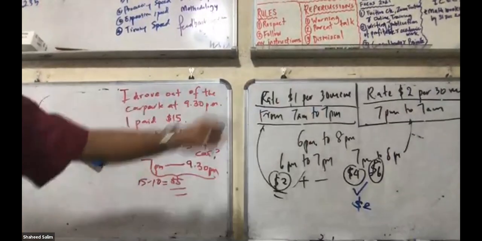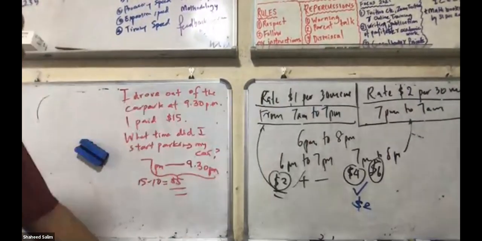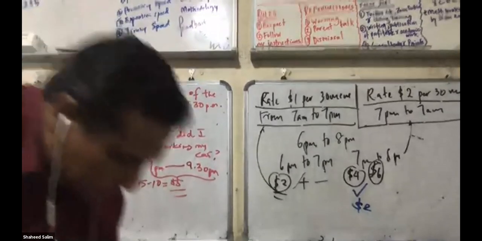$5 is how many minutes? $1 is 30 minutes. $5, how many minutes?